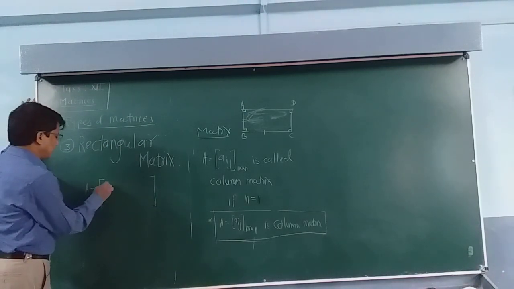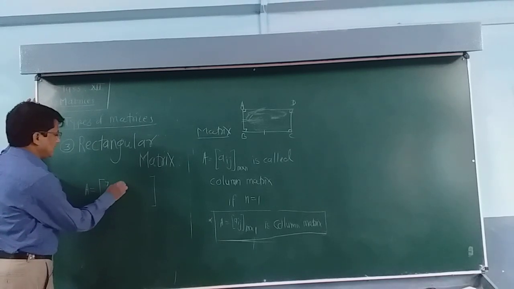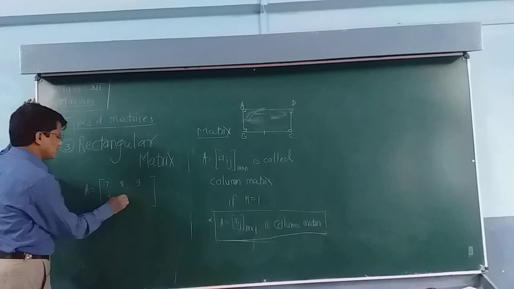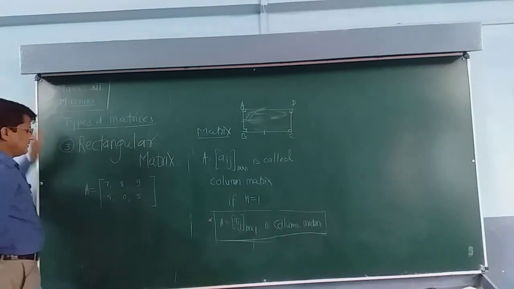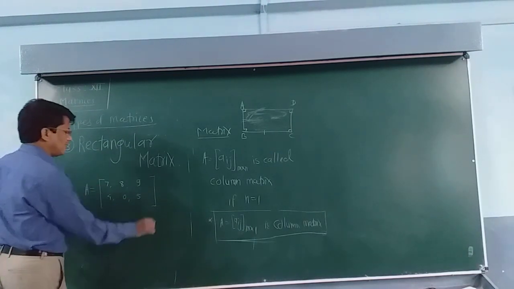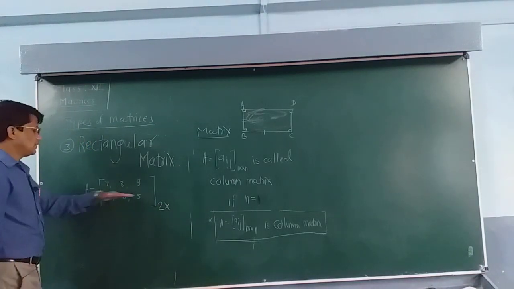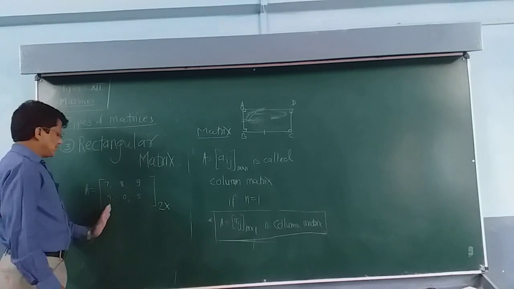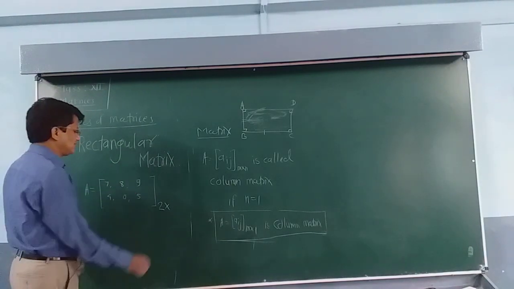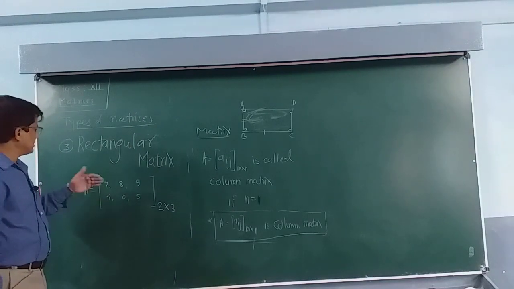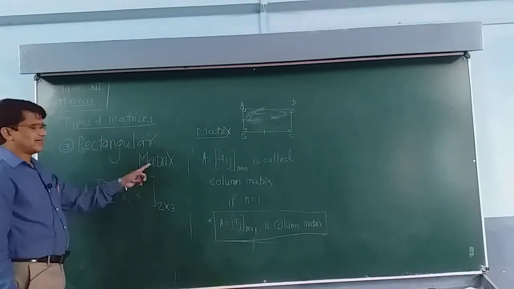I am taking the numbers 8, 7, 8 and 9, 7, 8, 9. Here 4, 0, 5. Look here, how many rows are here? 2 rows. Row number 1 and row number 2. And the columns are column number 1, column number 2, column number 3. So 2 by 3. So this is a rectangular matrix.